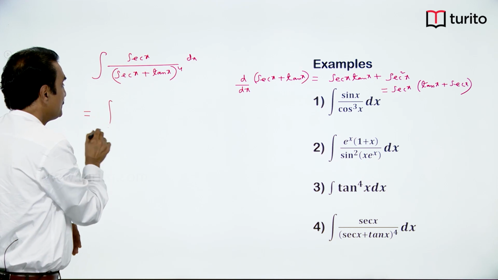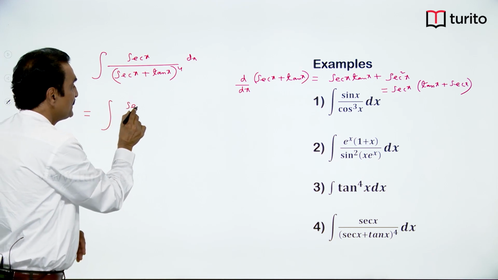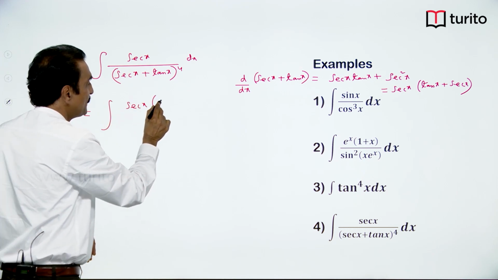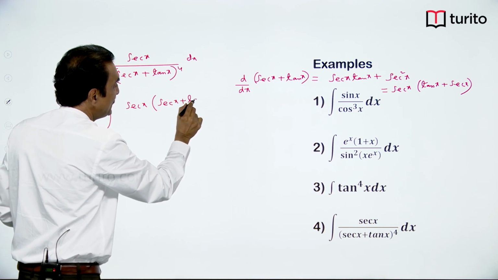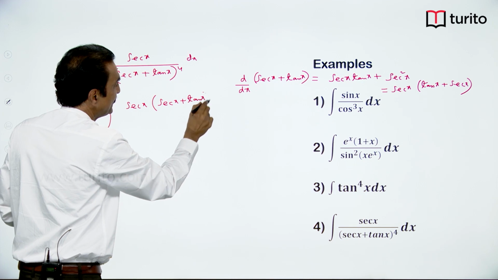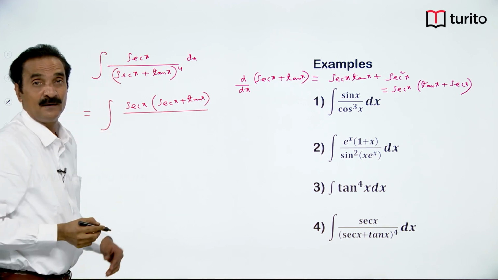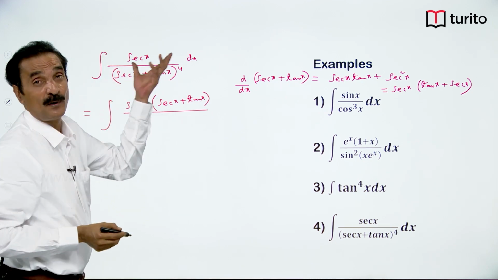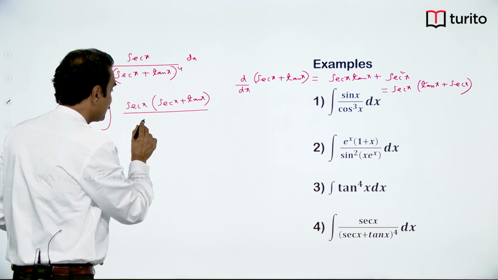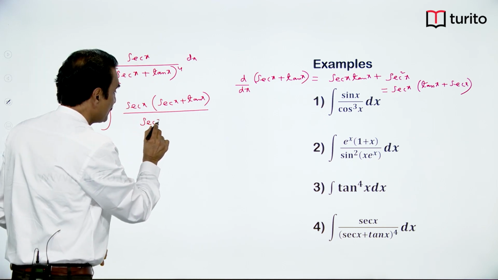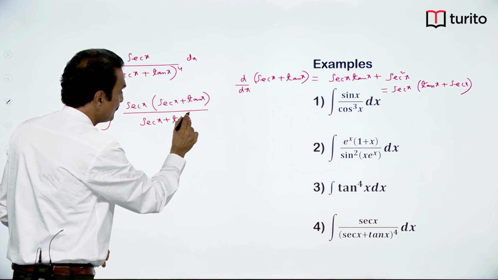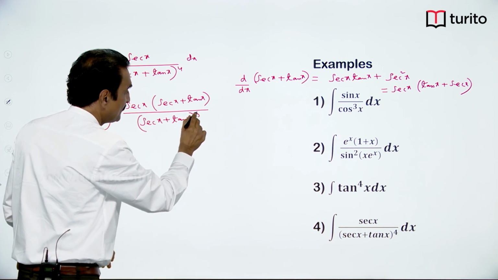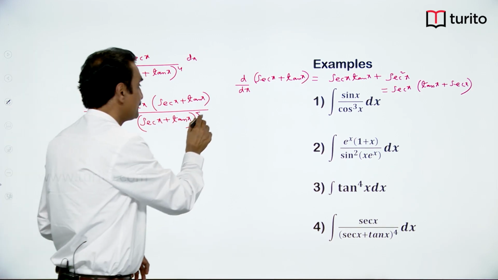So, this becomes secant x into secant x plus tan x upon secant x plus tan x whole power 5, dx.